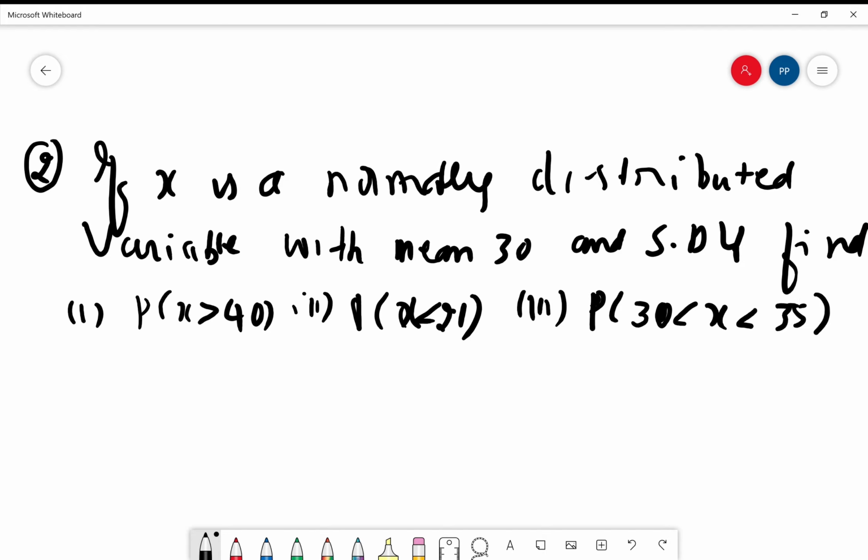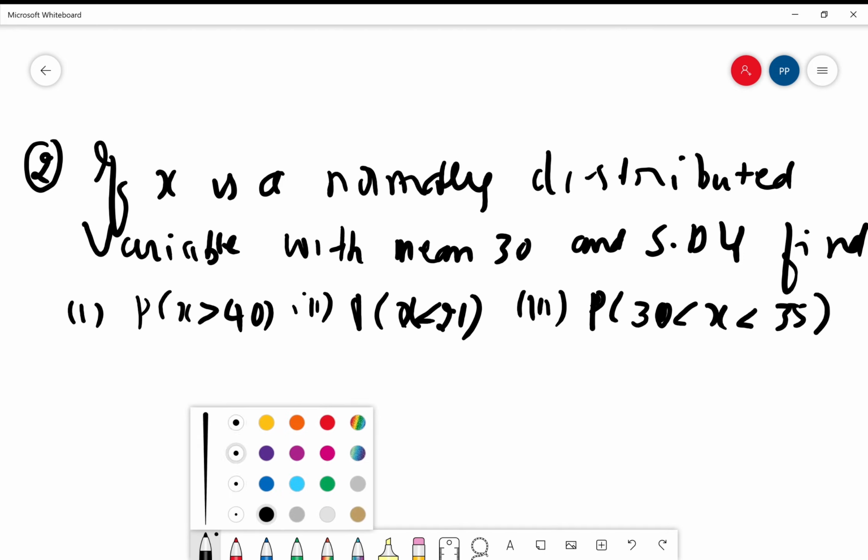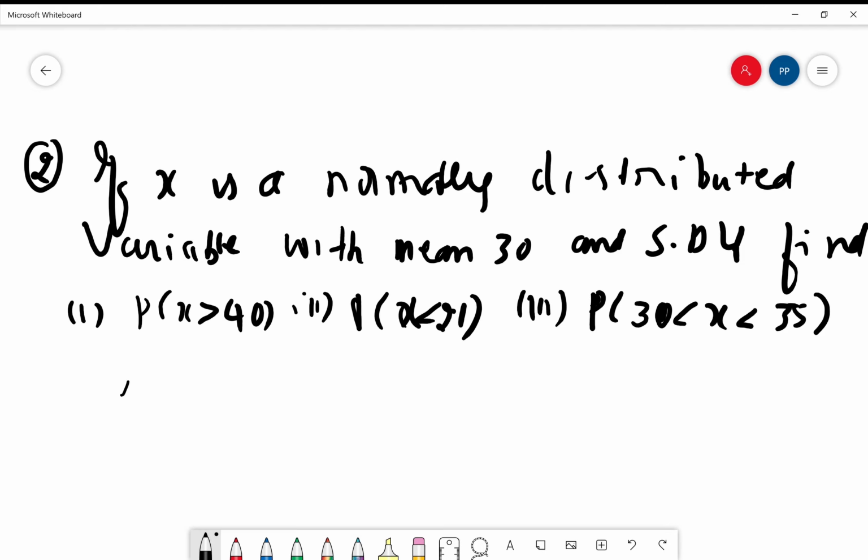Okay, now in this problem the mean and standard deviation are given, and it's given that the distribution is normal. That means mu equals 30, standard deviation sigma equals 4.